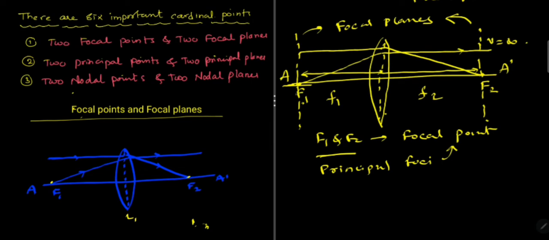So what are the focal points here? These are the 2 focal points, F1 and F2. And what are the focal planes? The lines passing through the focal points perpendicular to the principal axis are called focal planes. This is the first focal plane and this is the second focal plane.